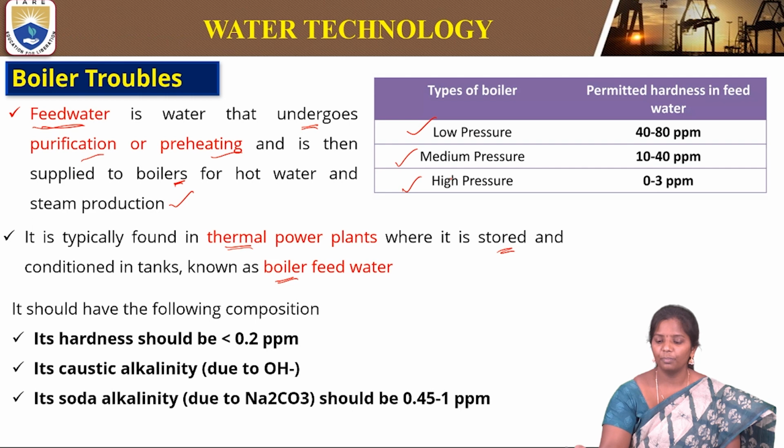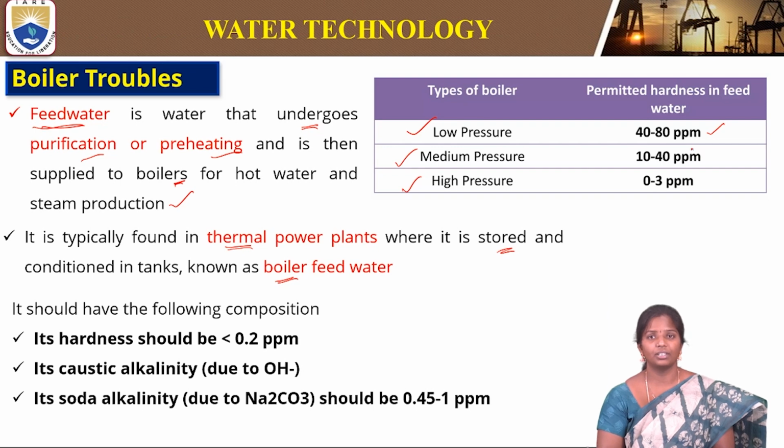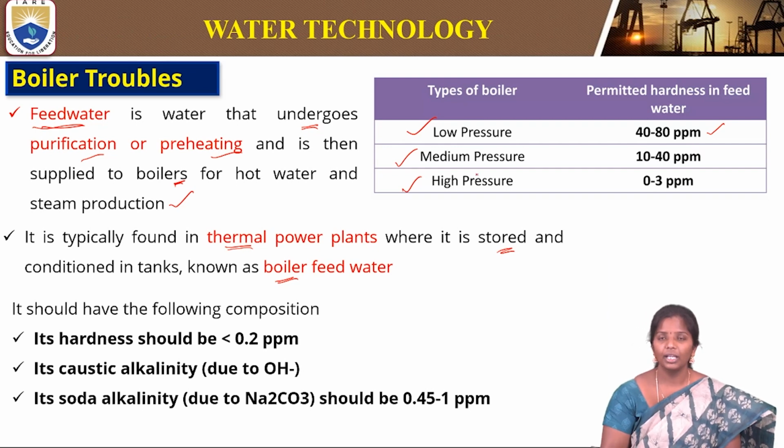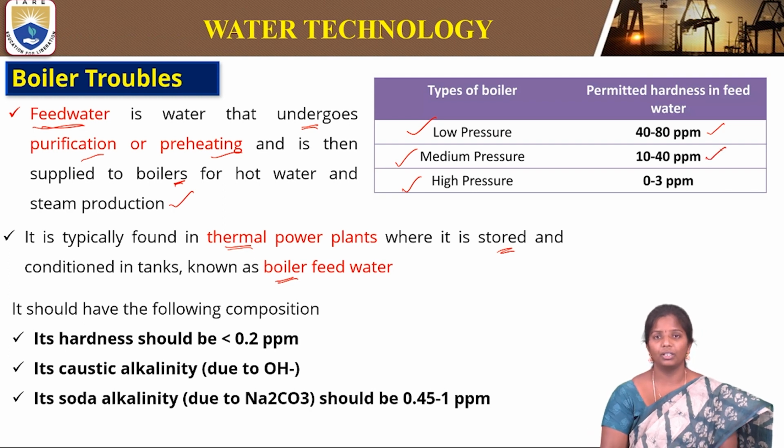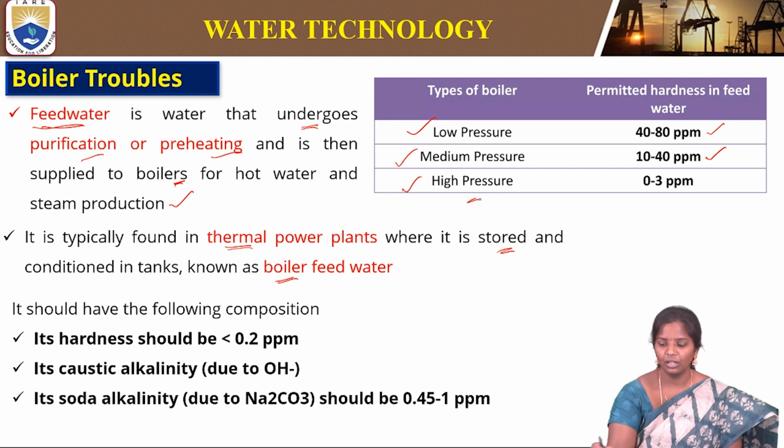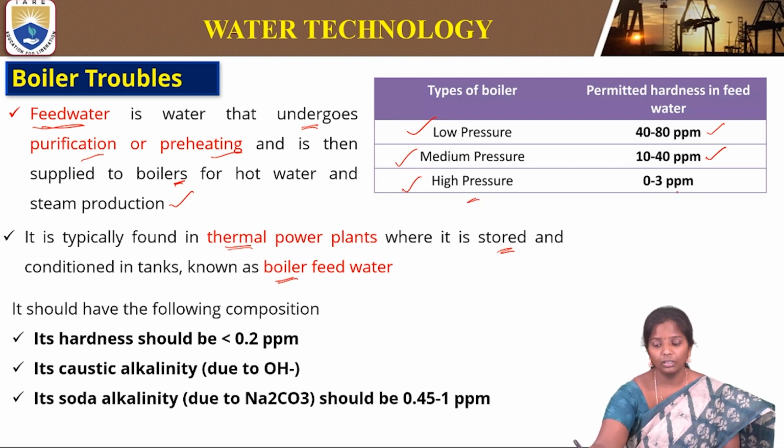If it is low pressure, 40 to 80 is the acceptable limit, the maximum limit accepted for the boilers. If it is medium, it should have less hardness, between 10 to 40 ppm. And if it is high pressure, it should contain less than 3 ppm of hardness of water.